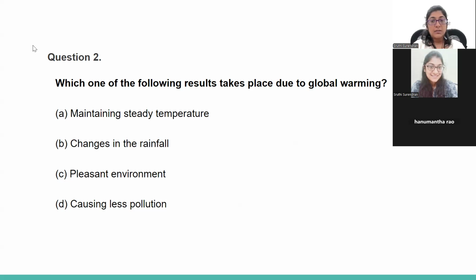Similarly, as a result of global warming, the environment is not at all pleasant now. There is excessive heat during the summers, and the rainfall pattern has completely changed from the routine patterns, and pollution is also increasing as a result of excessive human activities. So changes in rainfall is one result of global warming. So answer B will be correct.